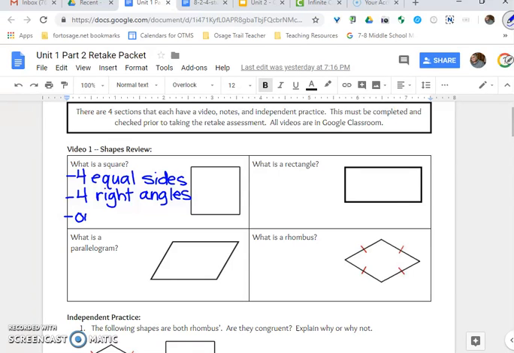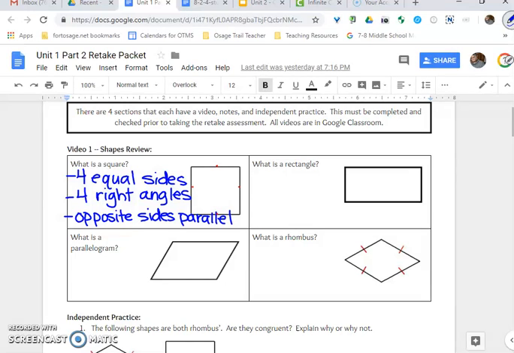And it also has opposite sides parallel. So what that means is the top and the bottom are parallel to each other, and the left and the right are parallel to each other because they're opposite. They're across from each other.